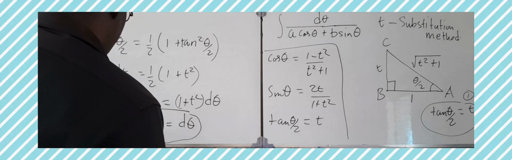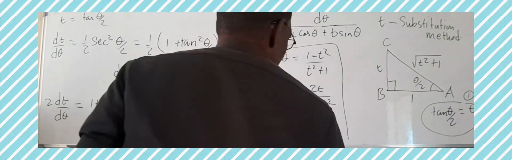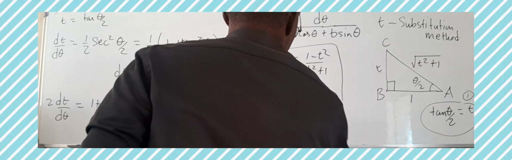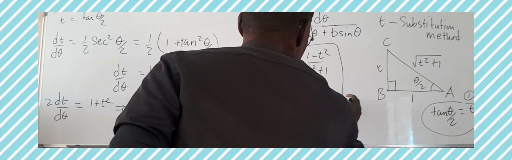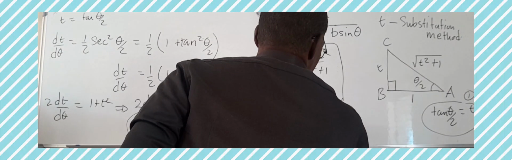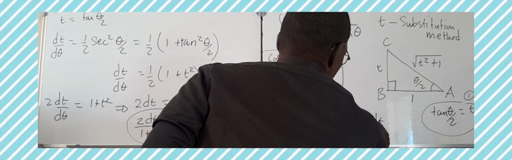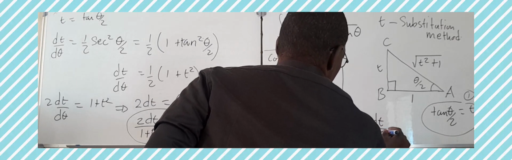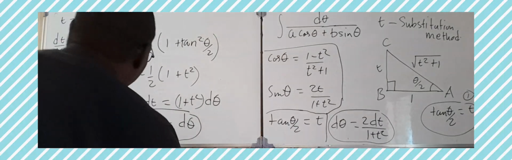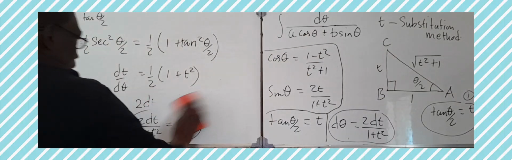Now let me write it somewhere here. It's d theta is equal to 2 dt over 1 plus t squared. Okay, right. Let's clear some space so that we can complete our substitution there.